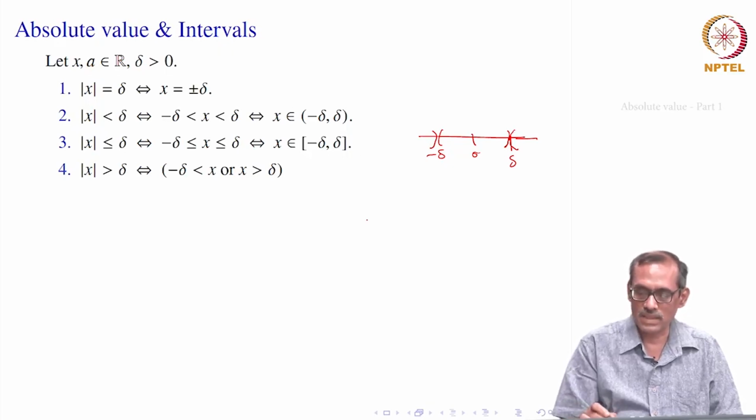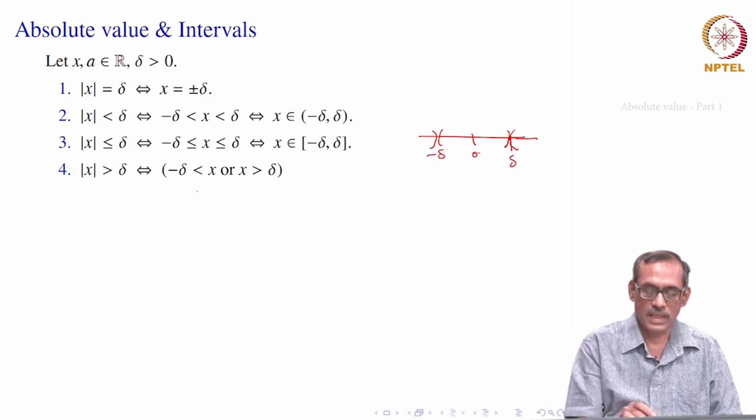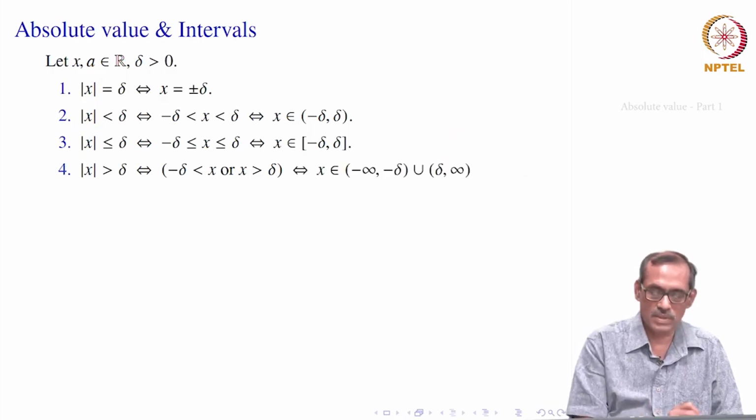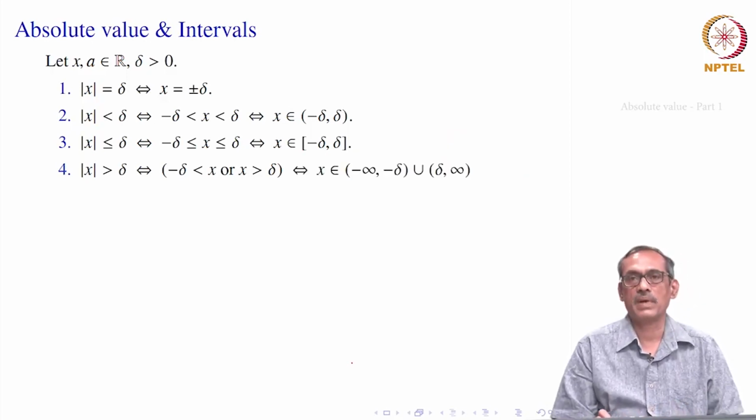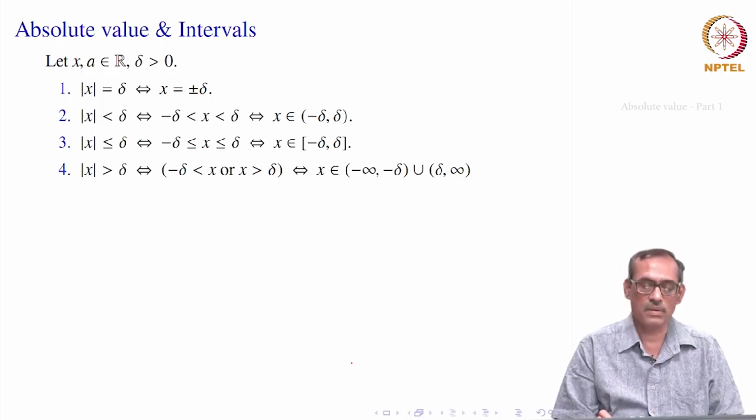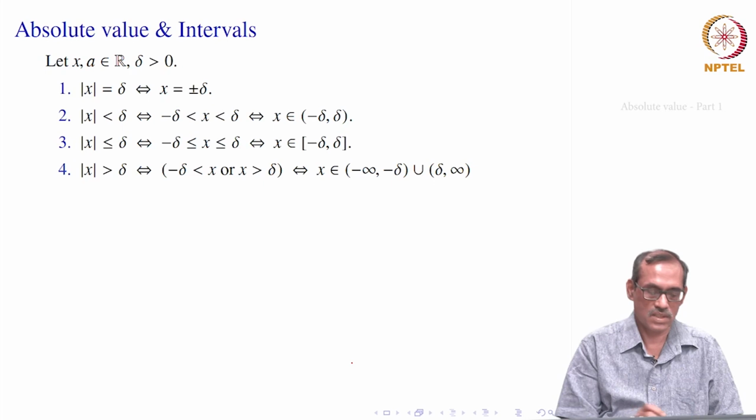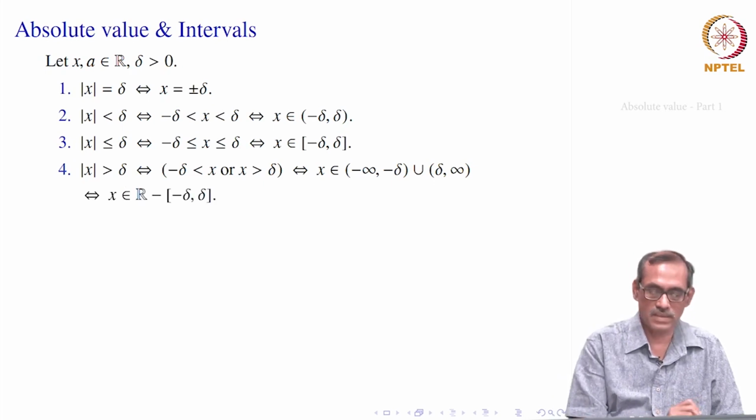So either x is less than minus delta or x is bigger than delta. That is what we express here, and it is just the complement of the closed interval, which we can write as x belongs to minus infinity to minus delta union delta to infinity. This is the complement of the closed interval minus delta to delta.